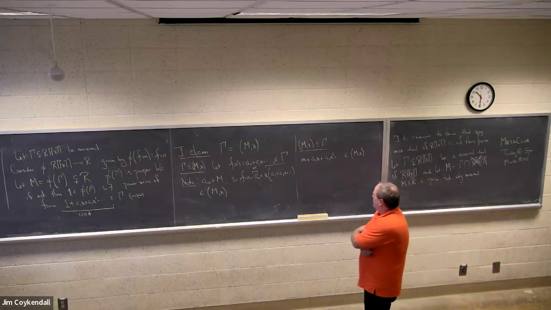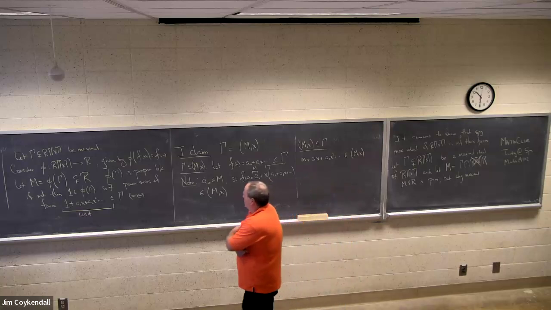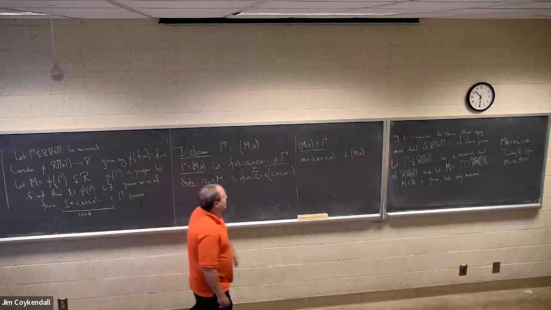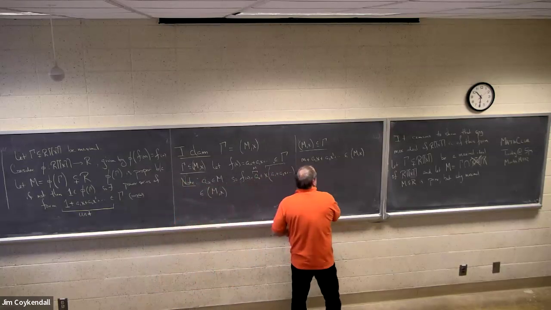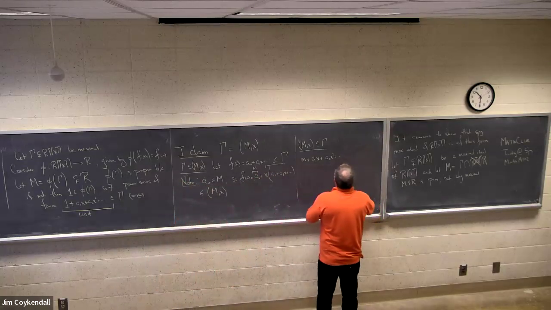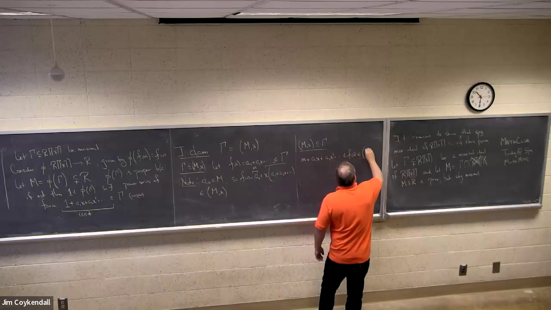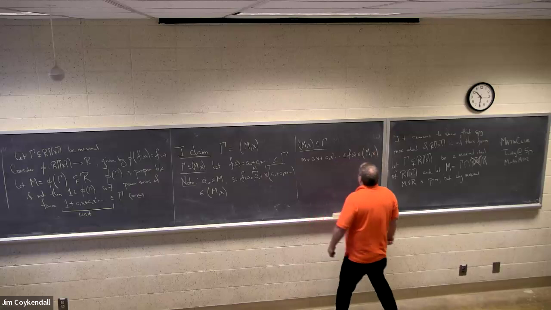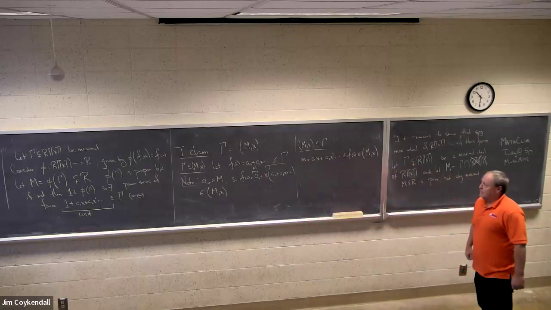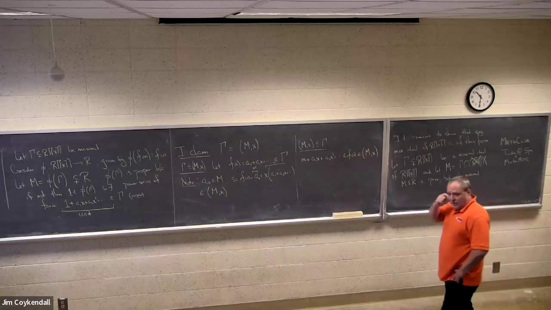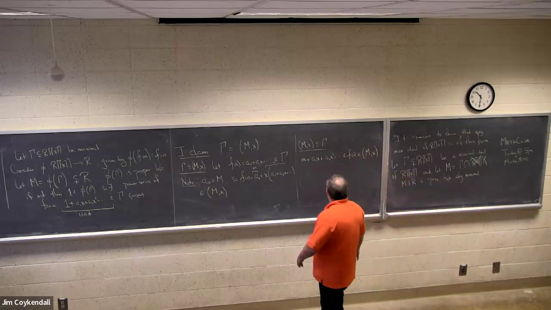Since gamma is maximal, any ideal that contains gamma must be equal to it. So take this element here, I'll call it f of x. How do I know that it lives in gamma? Well, it is maximality.